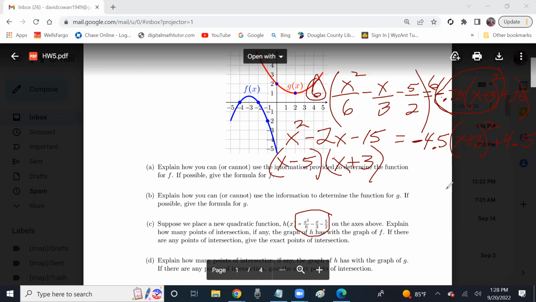We don't want to really do that because then we'd have to divide this 4.5 by that. So let's back up here. Now let's move this 4.5 to the left. So it'd just be, because that's a negative 15, negative 19.5. Yeah, so let's do it like that.